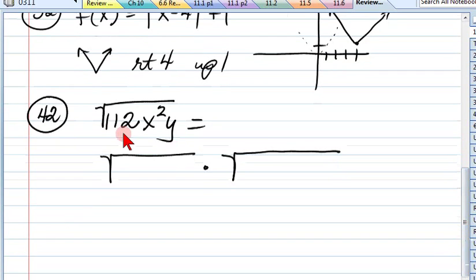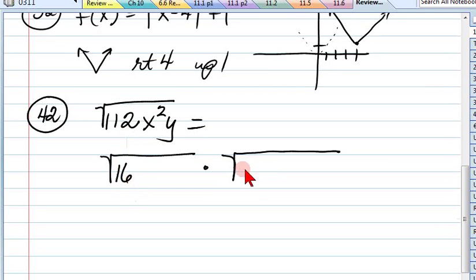All righty. Can you think of a perfect square that goes into 112? 16? And it's 16 times what? 16 times 7. 16 is a perfect square, 7 is not. Their product is 112. That's good.